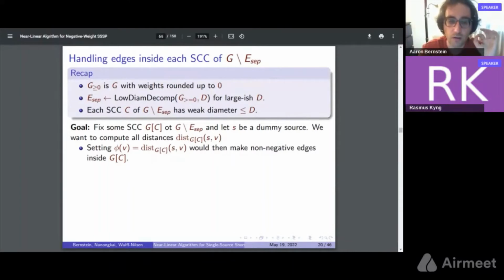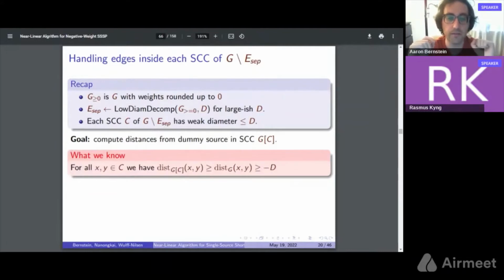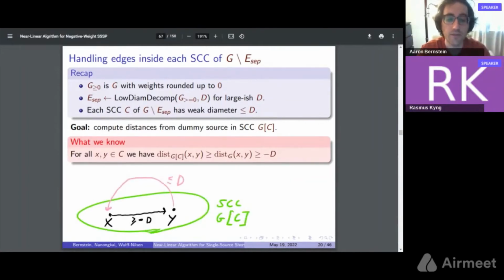And the first observation I want to make, so this is our goal, is that for any 2 vertices inside this SCC, we can lower bound how negative they can get. The distance between them can only be so negative. And the proof is really simple. You have these 2 vertices, x and y, and you know that there's a path between them of length at most d. That is the guarantee of the low diameter decomposition.